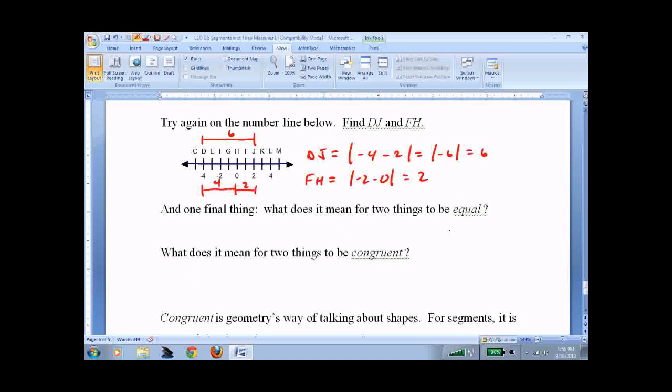Last thing, what does it mean for two things to be equal? It means the numbers are equal. What does it mean for two things to be congruent? It means the shapes are the same.